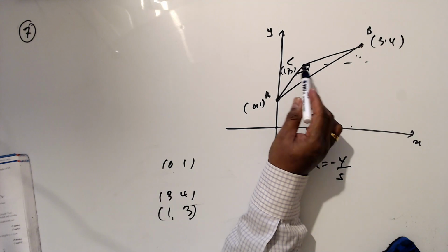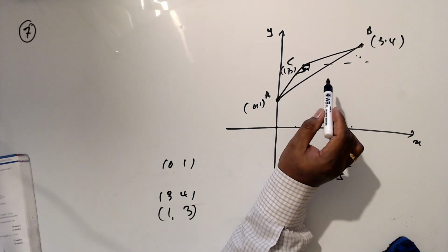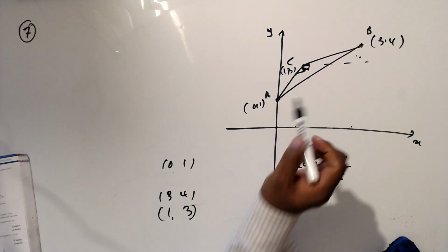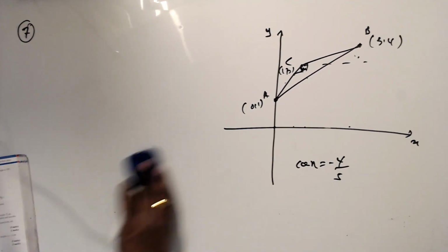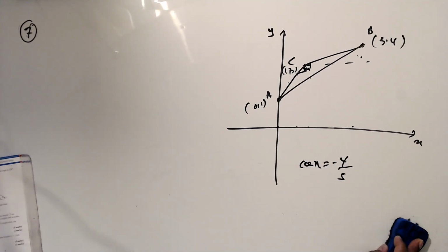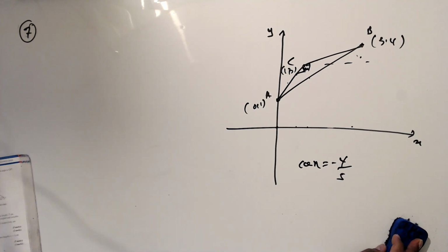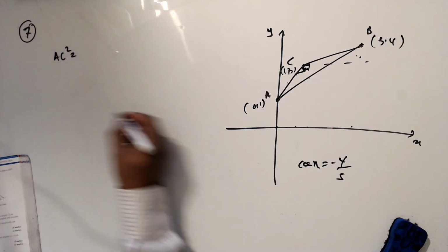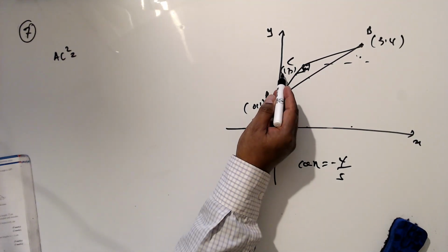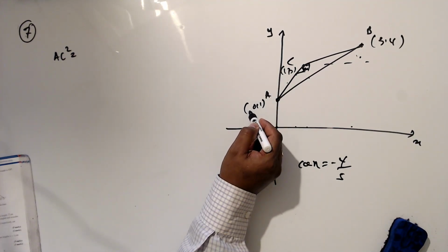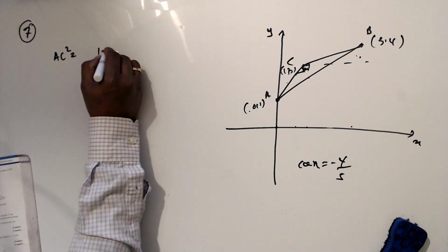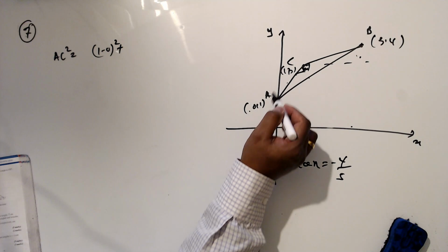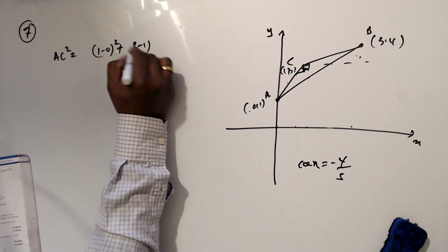So we have to use the cos rule, and for that we should know all the lengths. But we learned from previous chapters that when we know the coordinates, we can find the length. First of all, find AC. AC square is x1 minus x2, that is 1 minus 0 square, plus y1 minus y2, 3 minus 1 square.